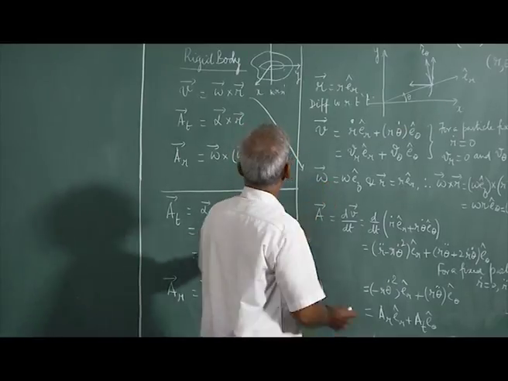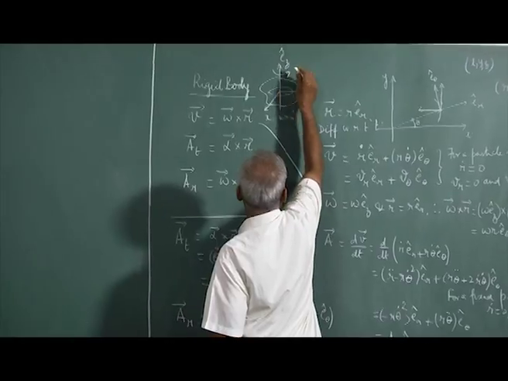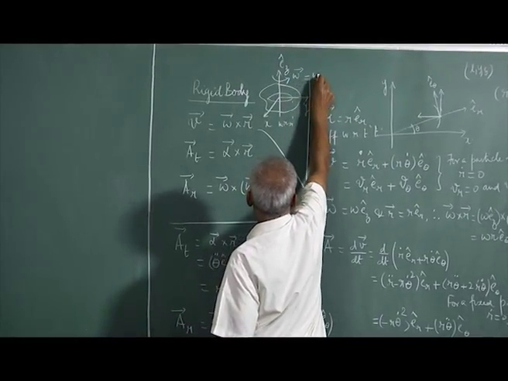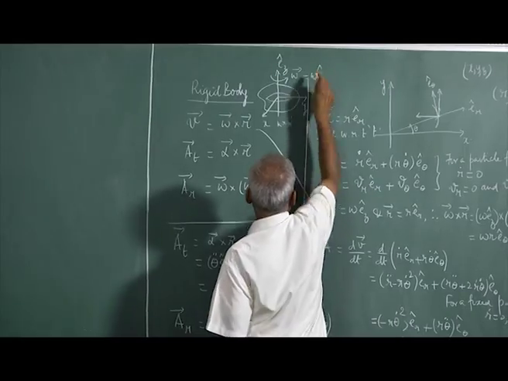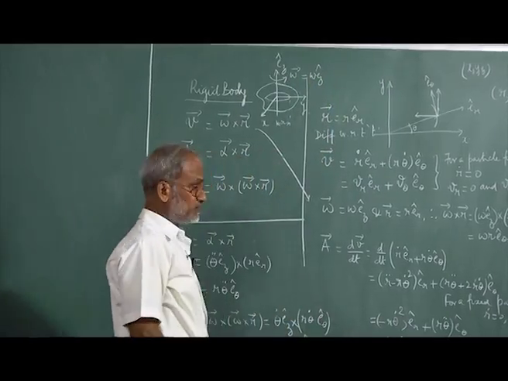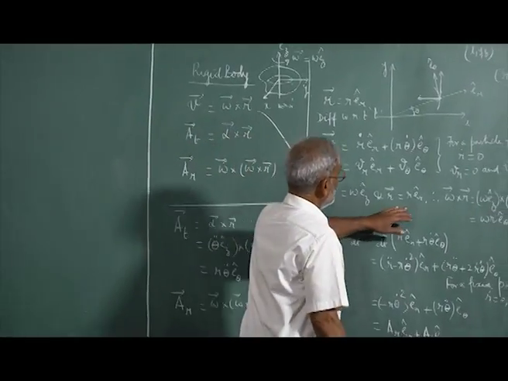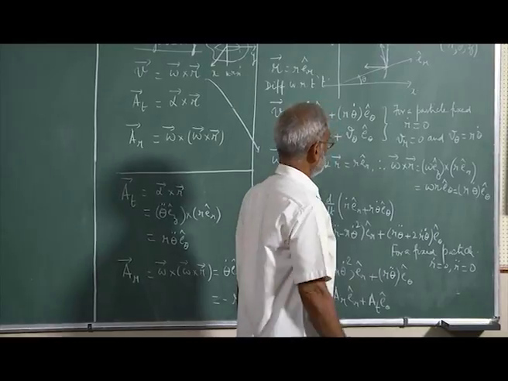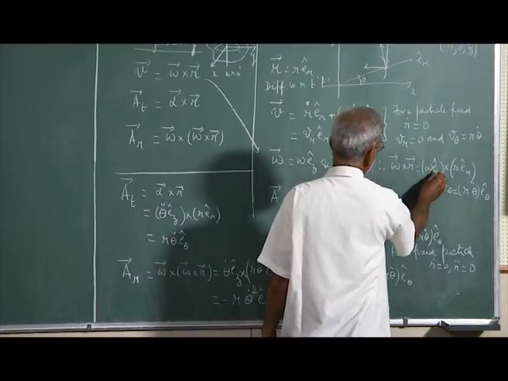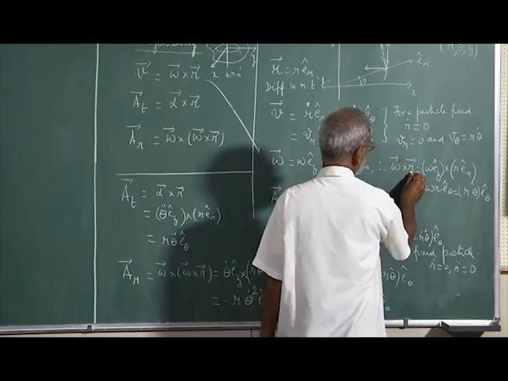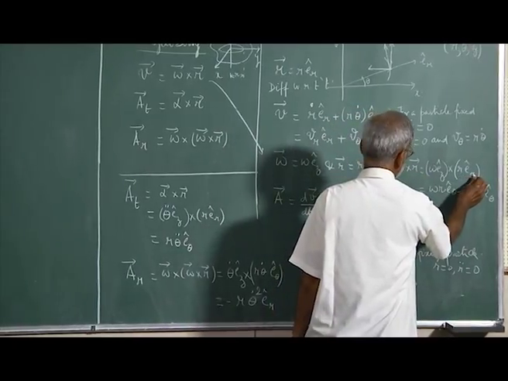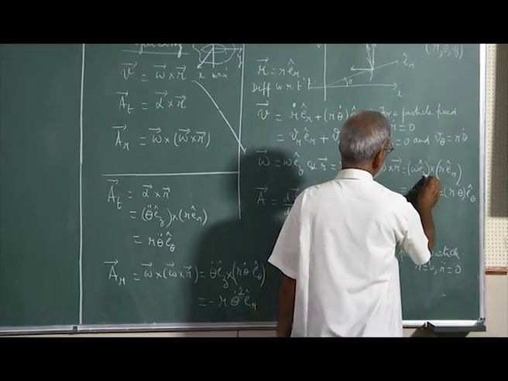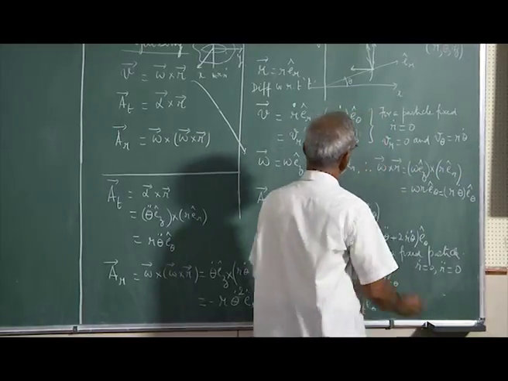Now what is omega? This is the omega vector. How do you define this omega vector? Omega vector is defined as its magnitude times the unit vector, and the sense of rotation is described like this. Now I can calculate omega cross r. Omega cross r is omega times Ez, crossed with the vector r, which is r times the unit vector along the radial direction. So this is omega times r times Ez cross Er.